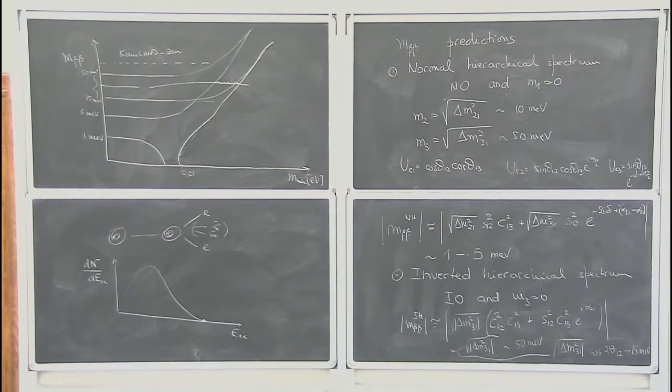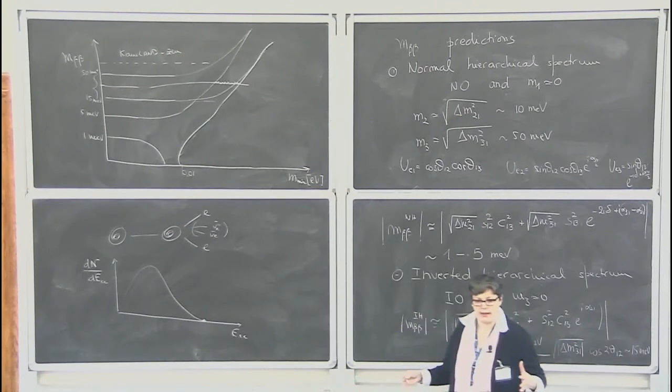It's an extremely rare process, which also means that backgrounds are significant. Lots of things can mimic an electron track or a bi-electron track in a detector, gammas, alphas, etc., a variety of things. So you need to have very large masses, because the process is very rare, so you need to have a very large number of nuclei.